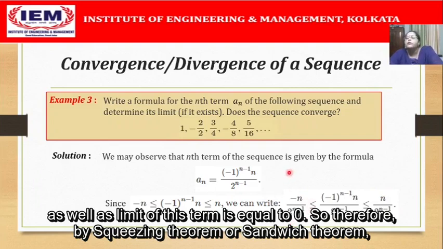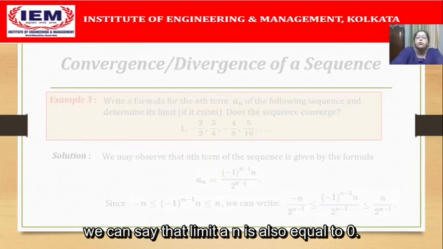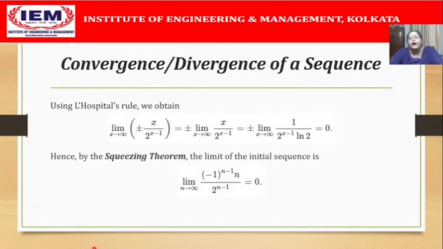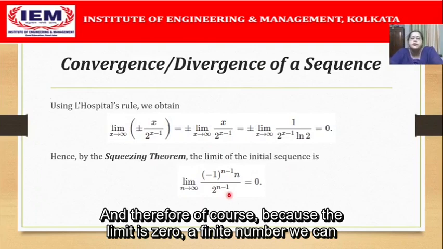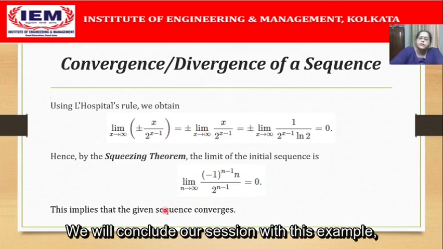So therefore, by the squeezing theorem or sandwich theorem, we can say that the limit of a_n is also equal to 0. And therefore, because the limit is 0, a finite number, we can conclude that the given sequence is convergent. We will conclude our session with this example.